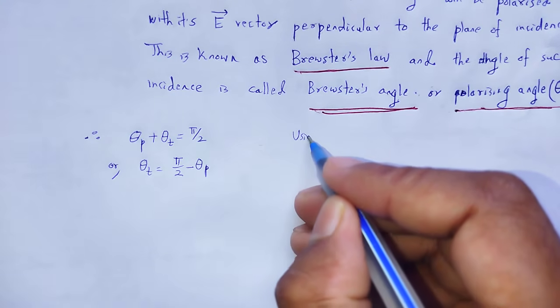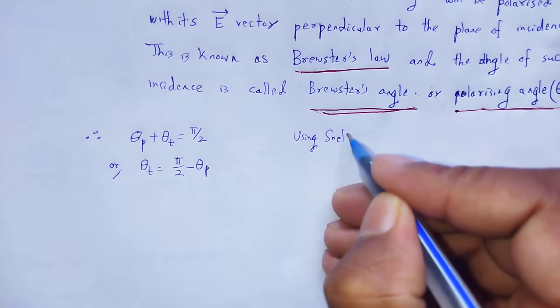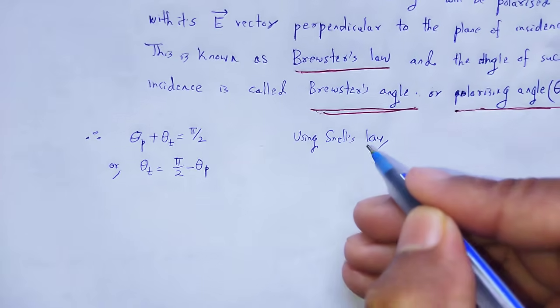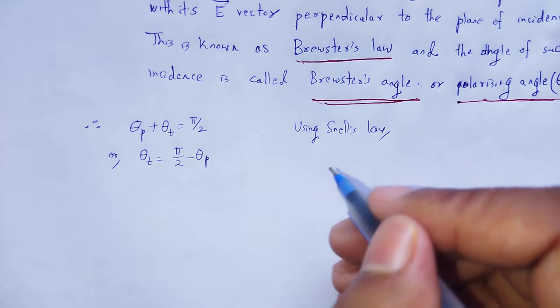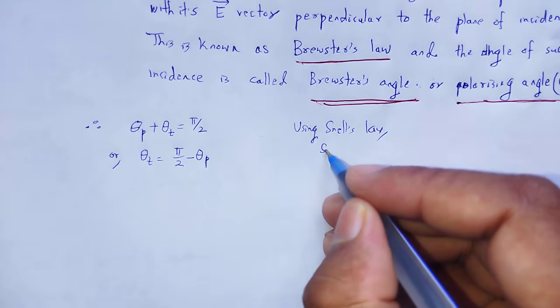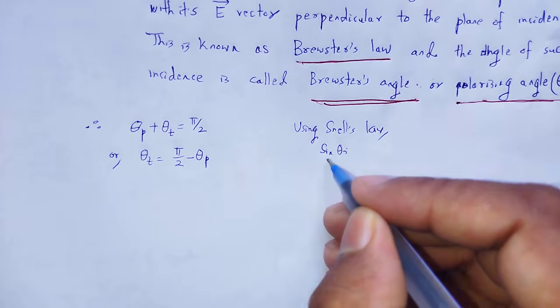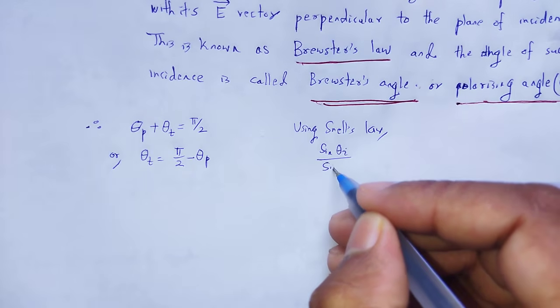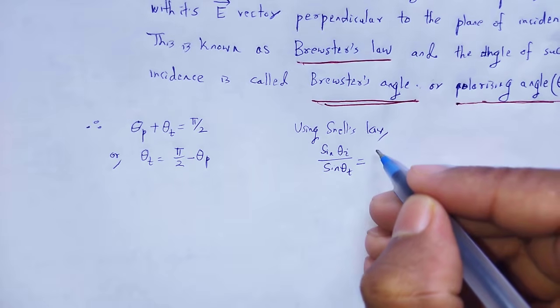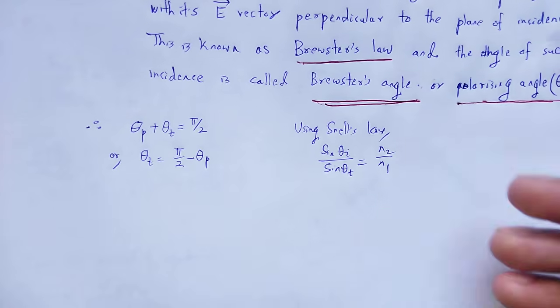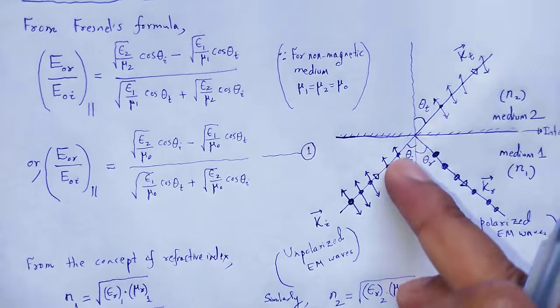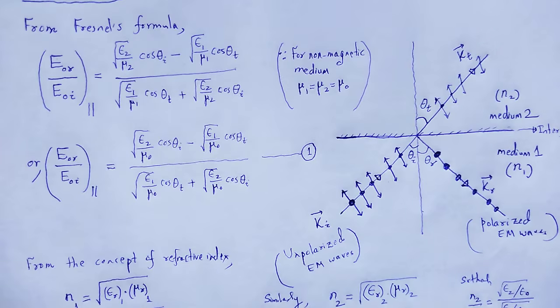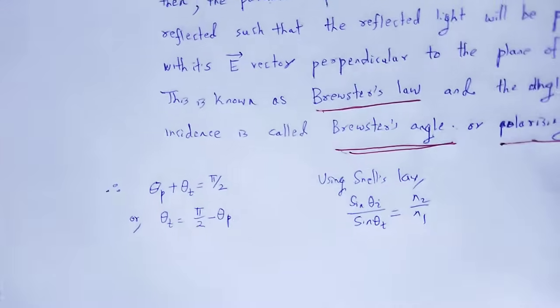Using Snell's law, what is Snell's law? Sin theta I by sin theta t is equal to n2 by n1, Snell's law at refraction.